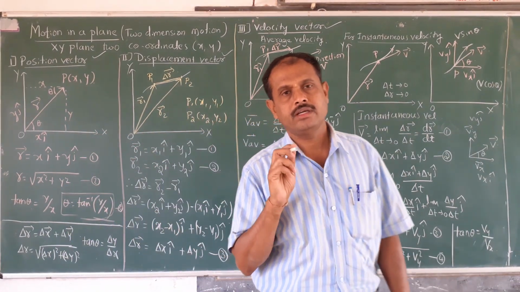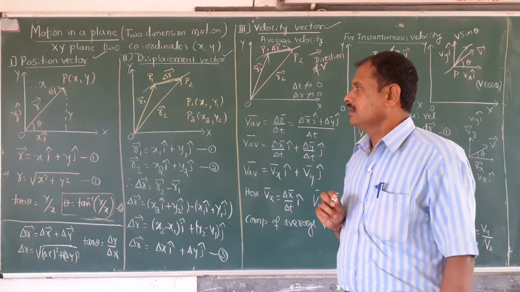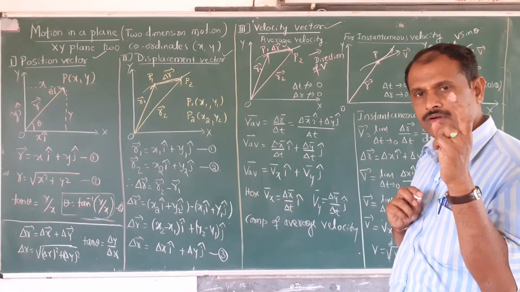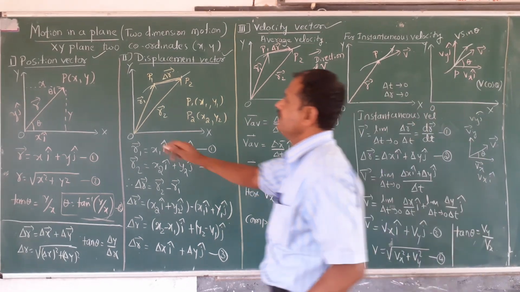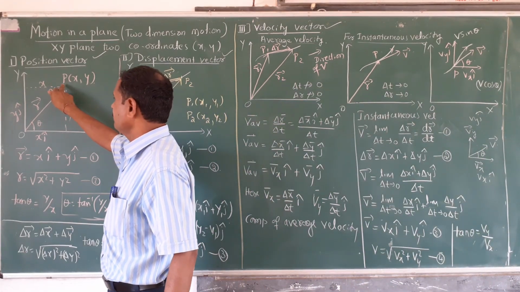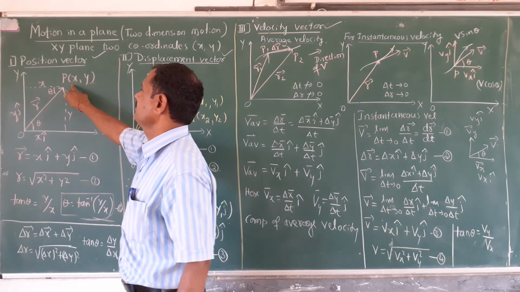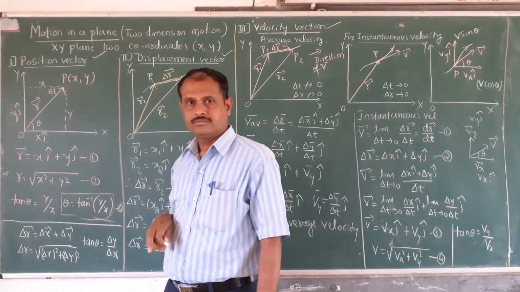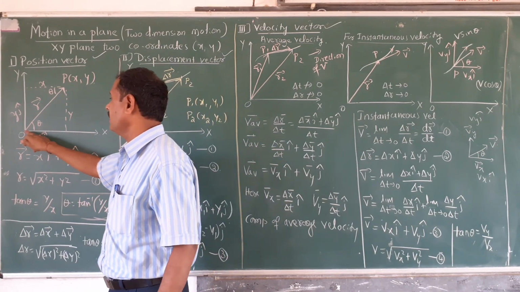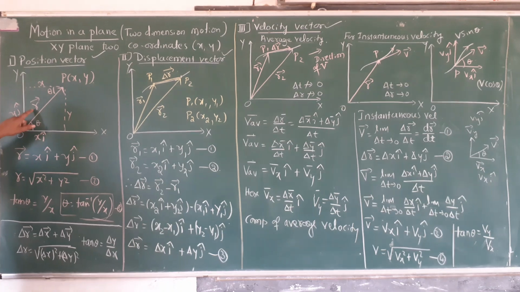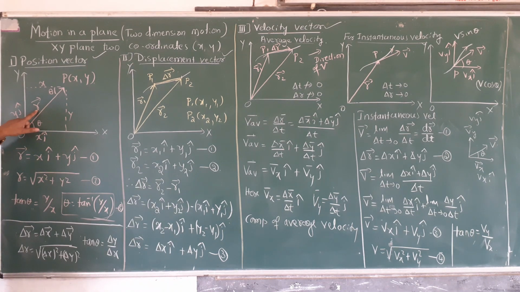You express the position of this point with the help of 2 coordinates x and y, and with the angle theta along ox, along oy. Yes, it is the position vector. This is vector r, the position vector r.